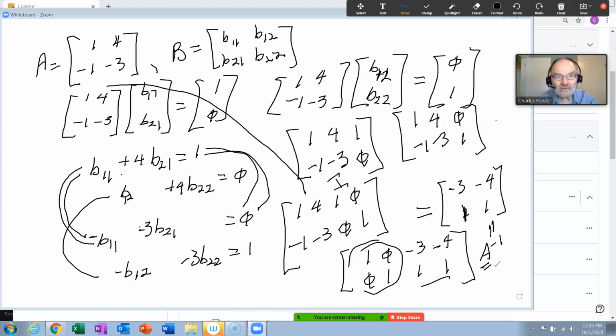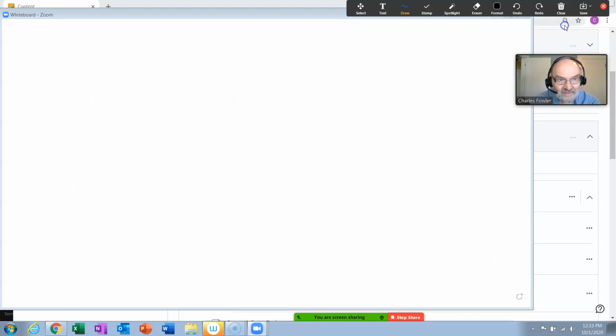Okay, so let me clear this out of the way and type that in for you. Finding the inverse of a matrix by Gauss-Jordan elimination. This time we do Gauss-Jordan.